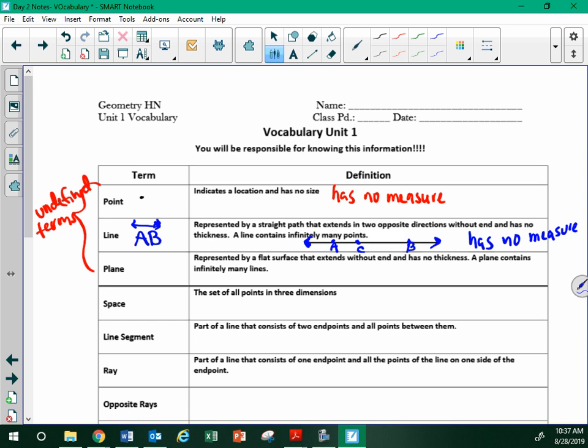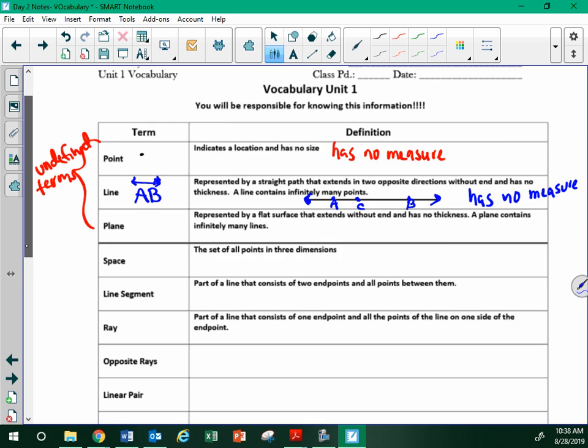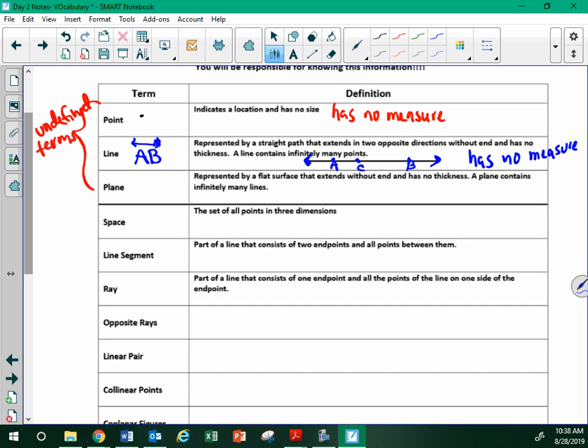Now, let's break away from there and talk about a line segment. A line segment is a part of a line that consists of 2 endpoints and all points between them. So basically, we cut off the ends, right? If I were talking about line segment AB, our notation for that would be AB with a little line segment over top.